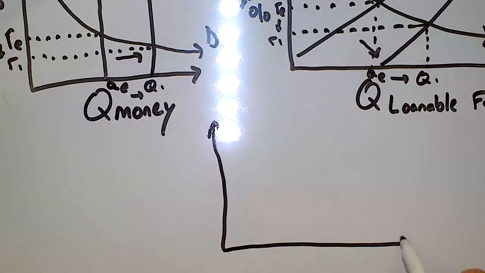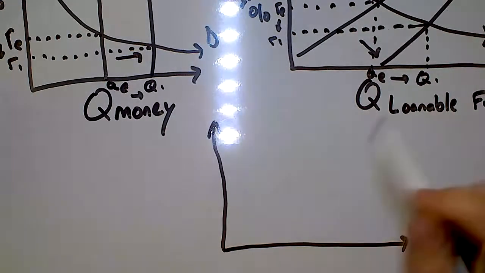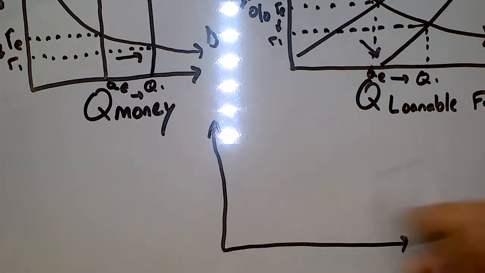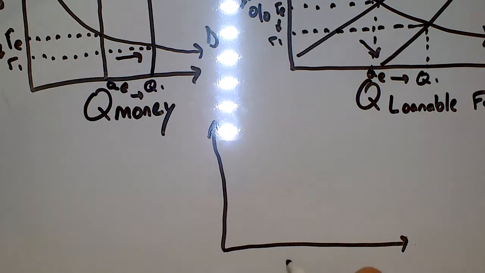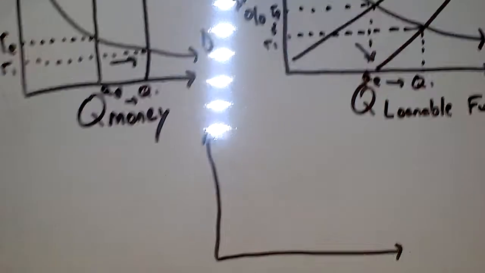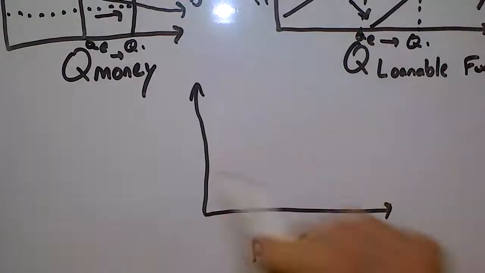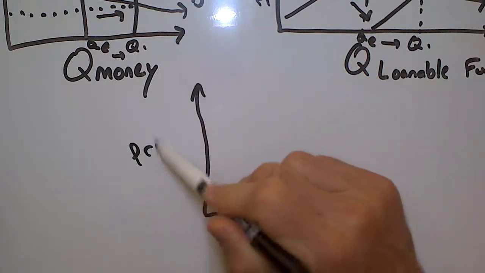In this sample problem, we're looking at an increase in the supply of money, an increase in the supply of loanable funds, and that is going to affect our aggregate supply and demand graph. So let's review aggregate supply and demand real quick. On the horizontal, we're going to put in our real GDP. On the vertical, we put in the price level.